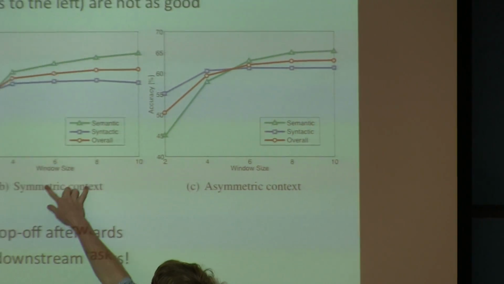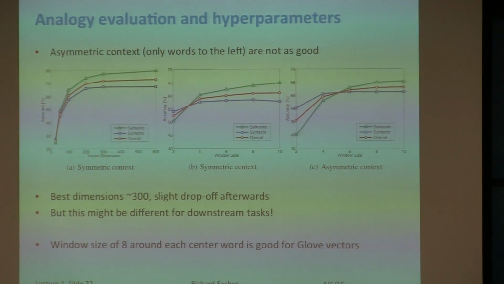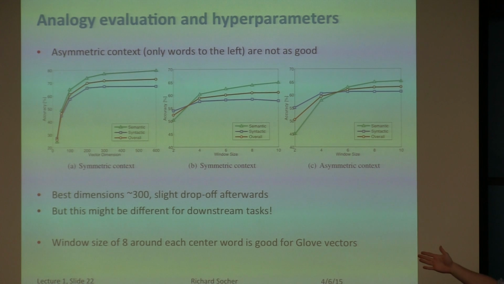So one hyperparameter that the glove model and the skipgram model have in common is the window size. So how many words to the left and how many words to the right do you try to predict from the center word? And here we again observe that roughly for the overall numbers, around 8 or so, that basically plateaus. And then for more, you don't really gain something, but of course it's a lot slower, so you'd prefer to use the smaller window size.